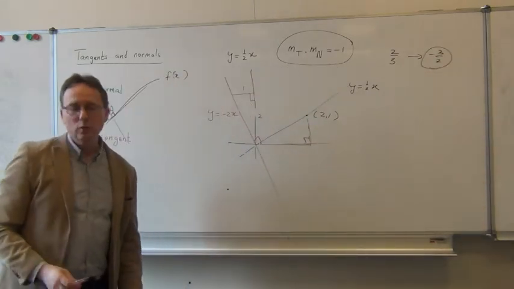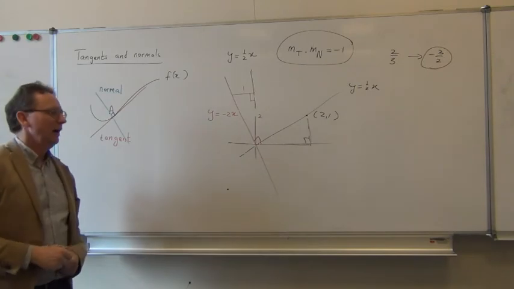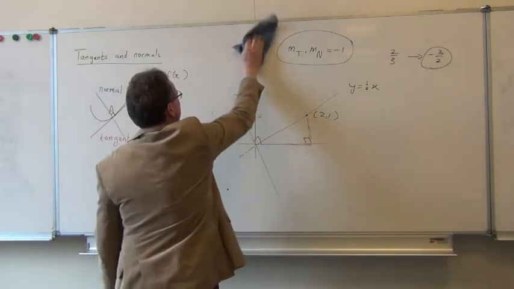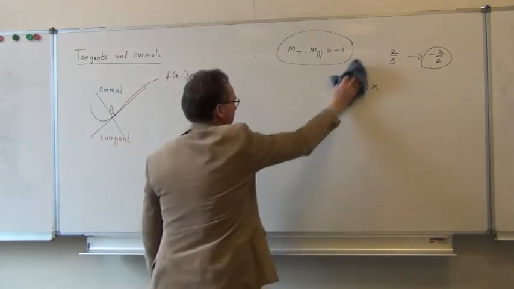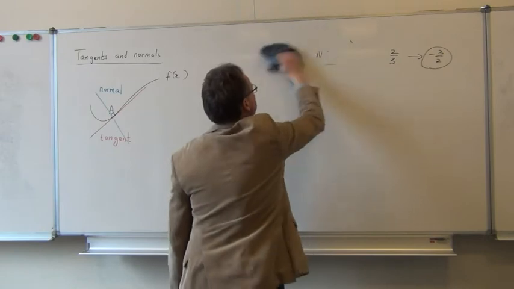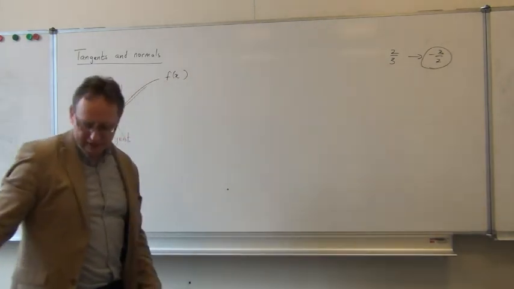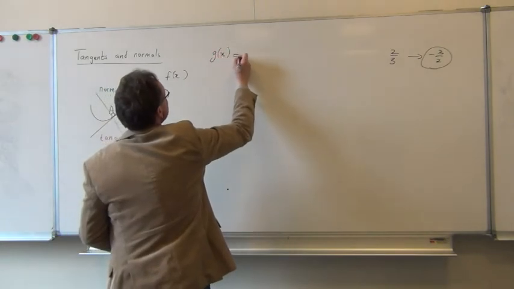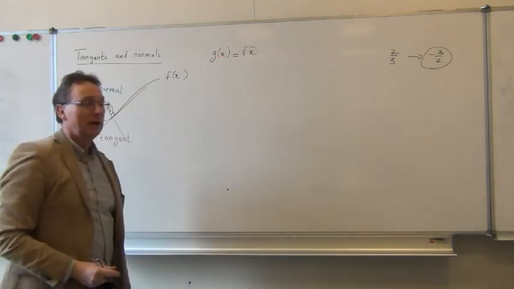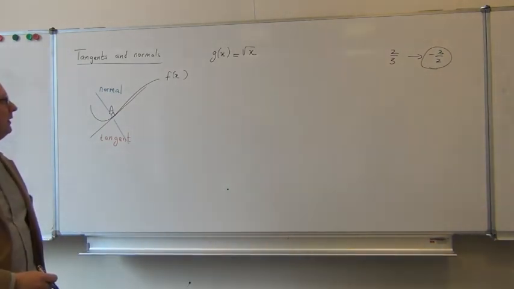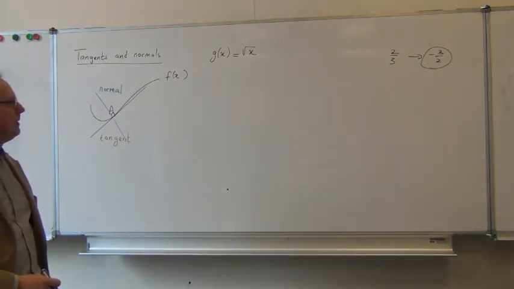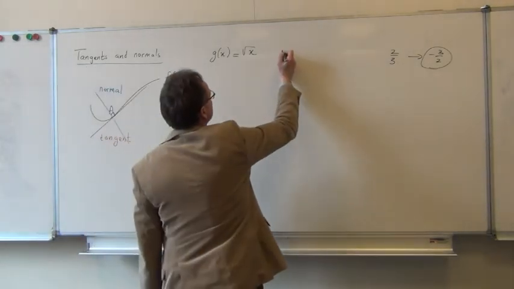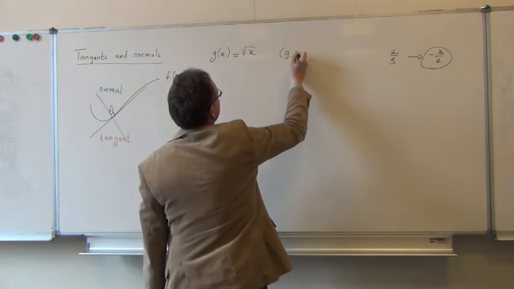Okay, let's do an example where it is asked to find the equation of the normal. So let's consider g(x) is square root x, and let's say we're looking for the equation of the normal at the point (9, 3).